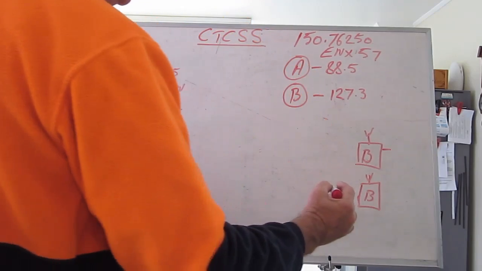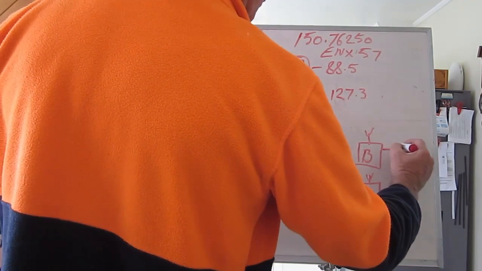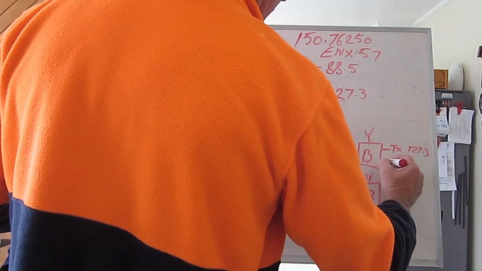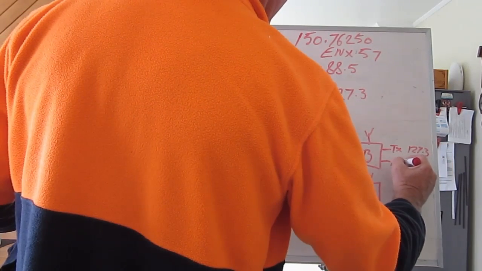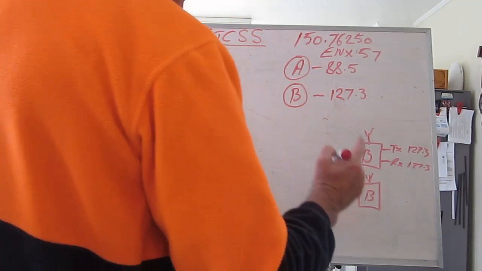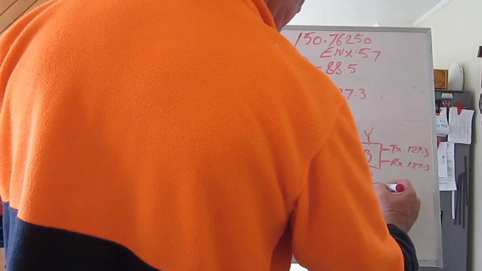Now, Company B on the transmit had 127.3, and on the receiver it also had 127.3. So these radios were correctly programmed.